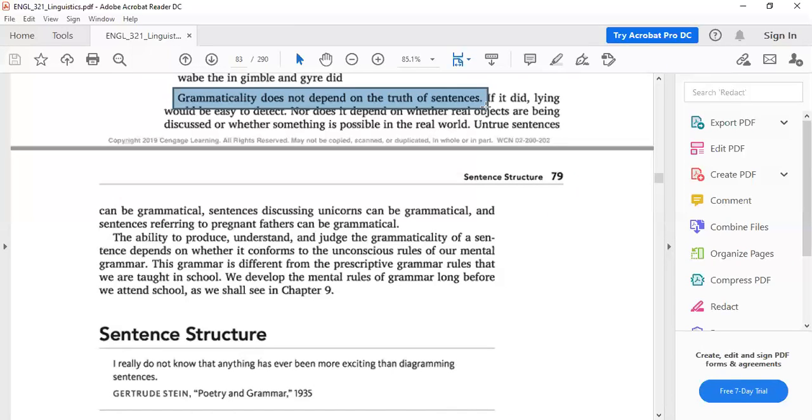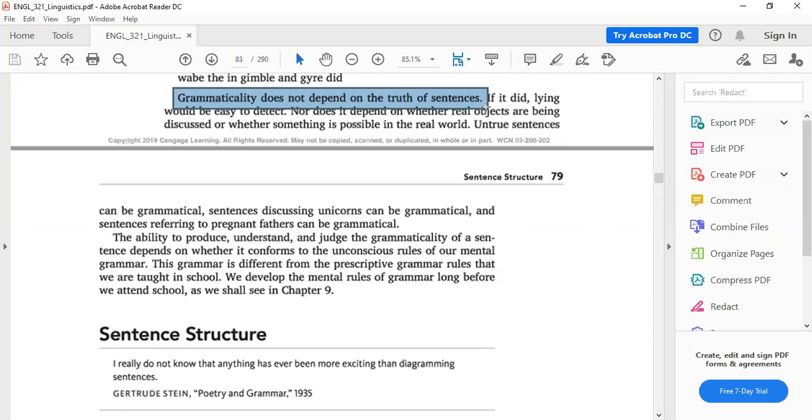But what did we say about colorless green ideas sleep furiously, syntactically speaking? Correct. It is grammatical. So in the exam, if I ask you whether the sentence colorless green ideas sleep furiously is syntactically well formed, true or false? True.